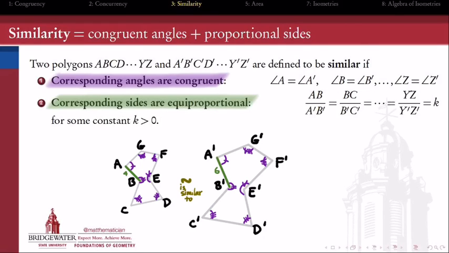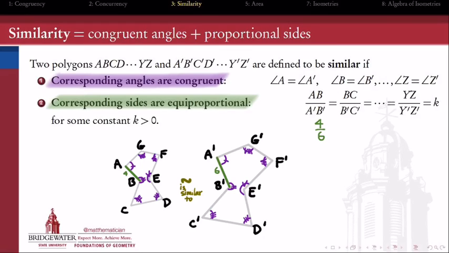If I divide the former by the latter, 4 divided by 6, I get 2/3. That tells me the ratio of the length of side AB to the length of side A prime B prime. We might say that AB is 2/3 as long as A prime B prime.